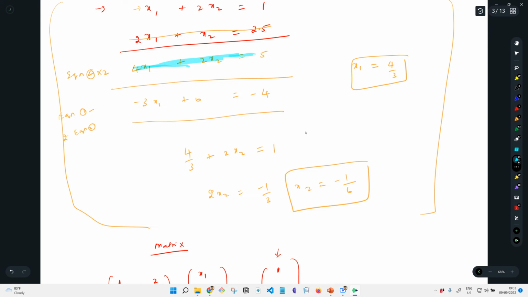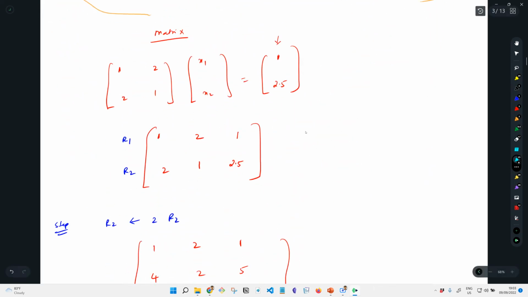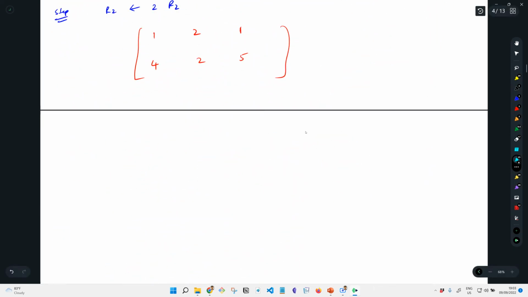You had 4x1 plus 2x2 equal to 5 here, right? When you multiply that. Now second step, what did you do? Subtract R1 and R2. R2 equals R2 minus R1. Or maybe you did R2 equals R1 minus R2.